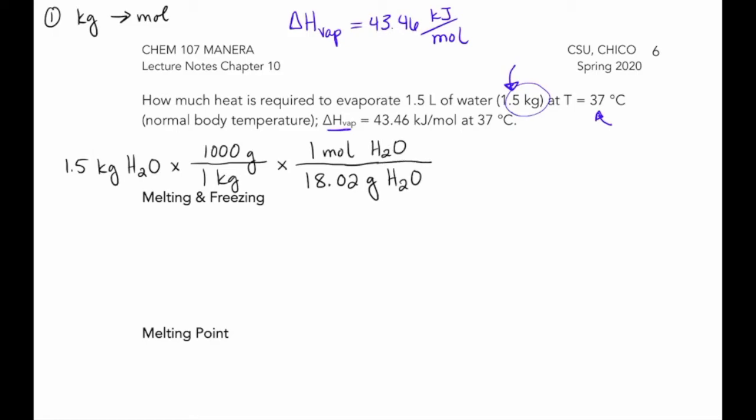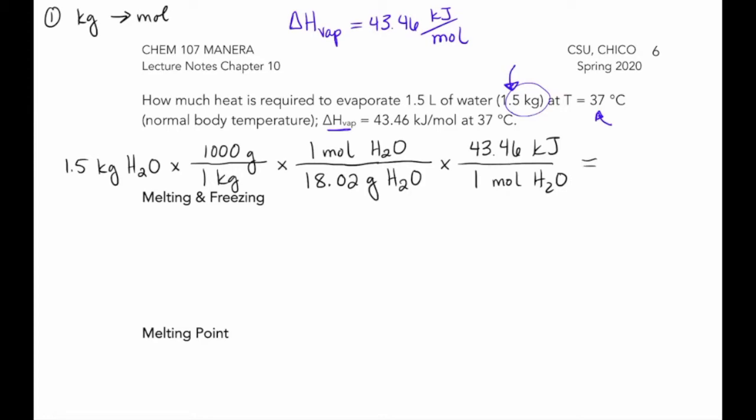Okay. So at this point, I have found moles of water. And now I can use the relationship that tells me per mole of water how much energy is required. And so I'm just going to add that in as a third conversion factor, where I have per 1 mole of water, I need 43.46 kilojoules of energy put in order to vaporize it.